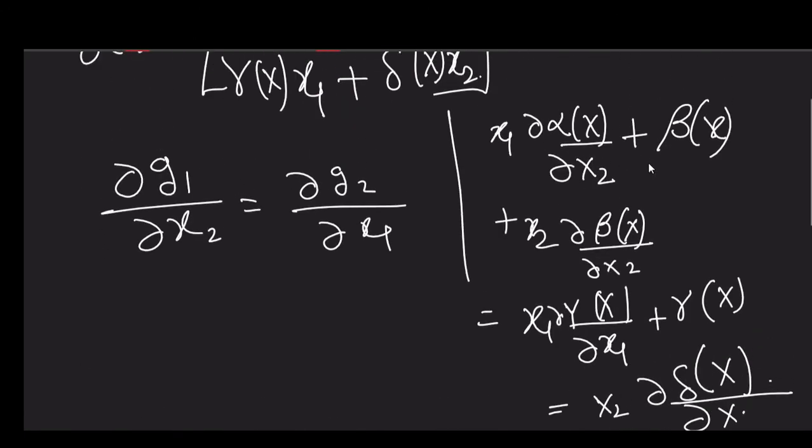By symmetry, if you want alpha x to be only dependent on x1, obviously this term will give you 0. Since we have assumed that beta, gamma and delta are constant, all of them will give 0, 0, 0. However, you will see that these two will still remain, and we have no other choice but to select those two constants in such a way that they are equal.